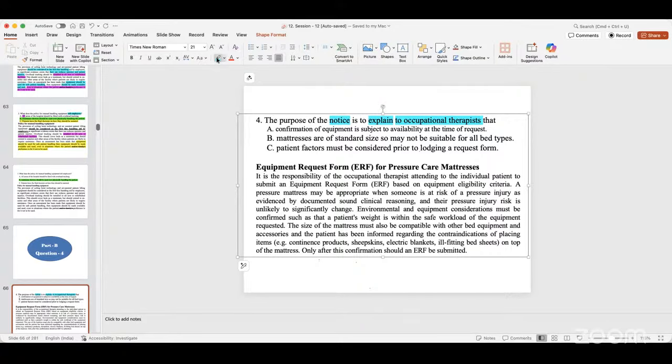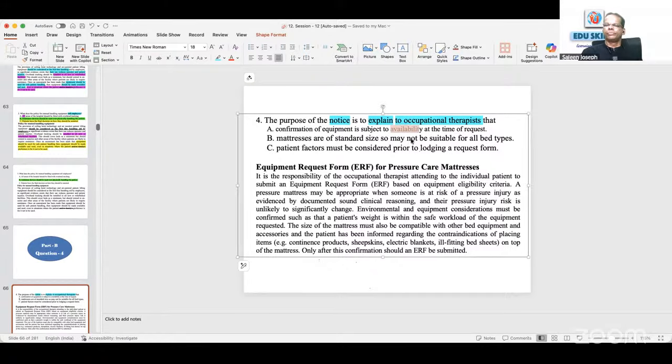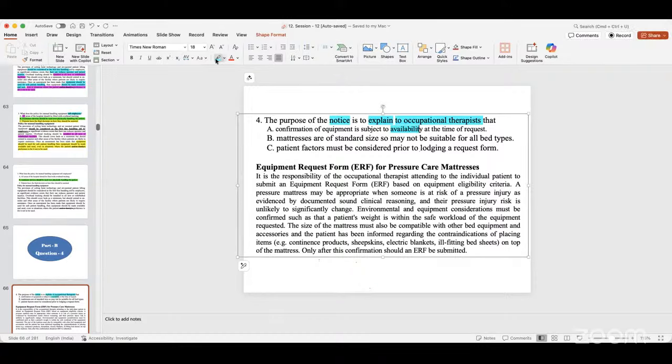Availability. Okay. Second, the mattresses are of standard size, so may not be suitable for all bed types. May not be suitable. May not be suitable for all bed types.